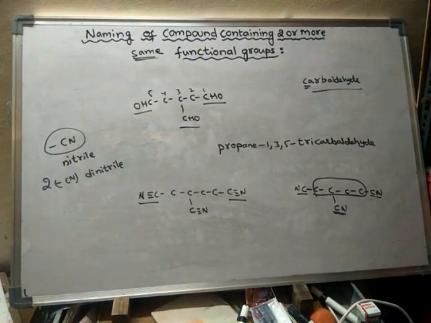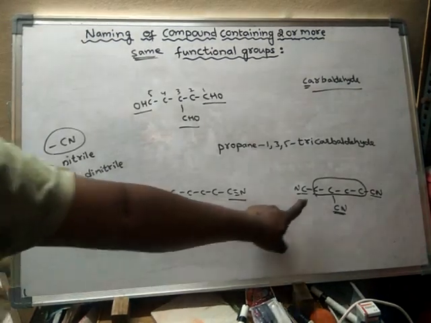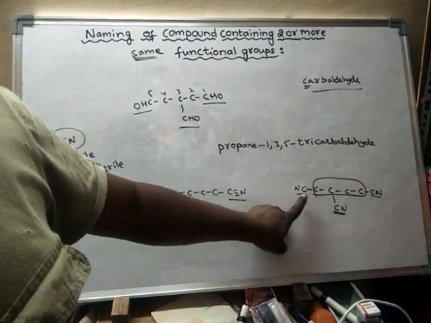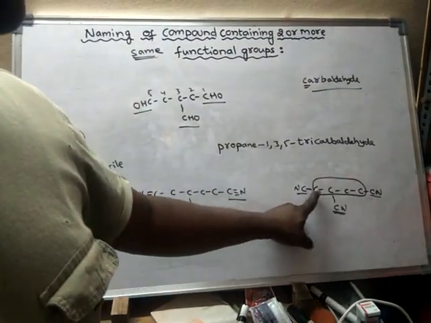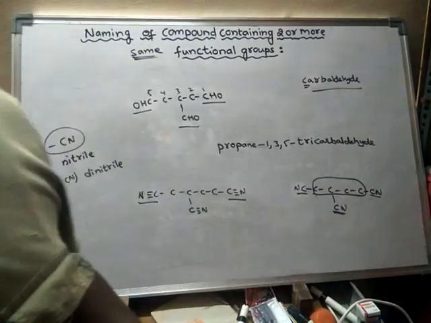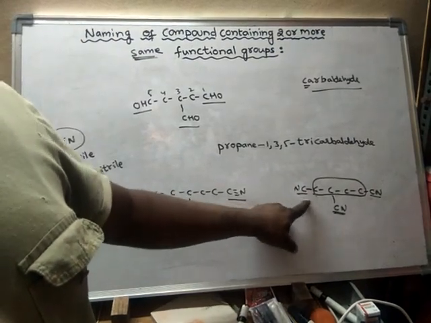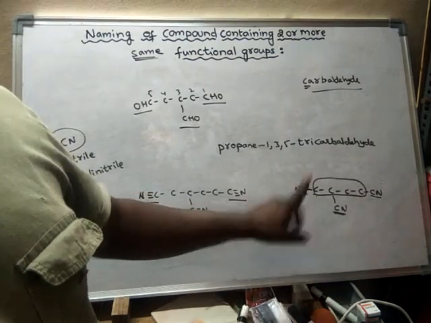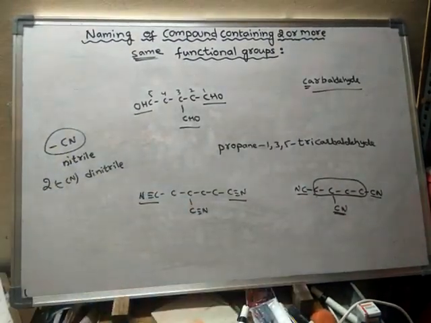If the group is connected from C, then it is treated as cyanide. So don't read it as NC. It is CN only, because the parent chain is connected through carbon. Right.